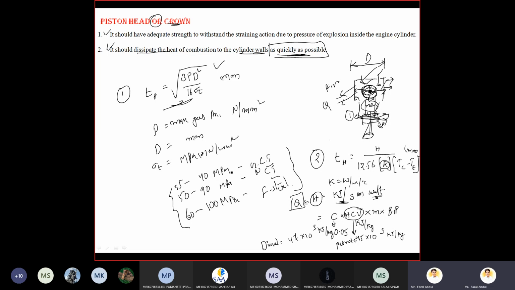Now, we have several k values here. The k value is 46.6 watt per meter per degree centigrade for gray cast iron, 51.25 watt per meter per degree centigrade for steel, and 174.75 for aluminum alloy.